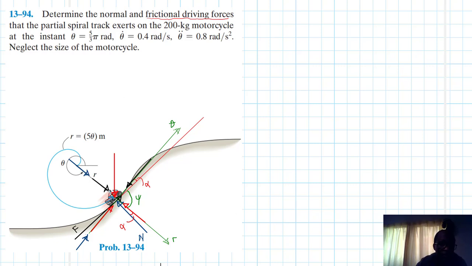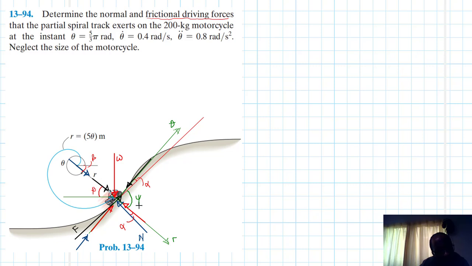Let's label this. This is our weight W, and then we have another angle that we need to define. This angle here I'll call beta, which is equal to this one here, beta.